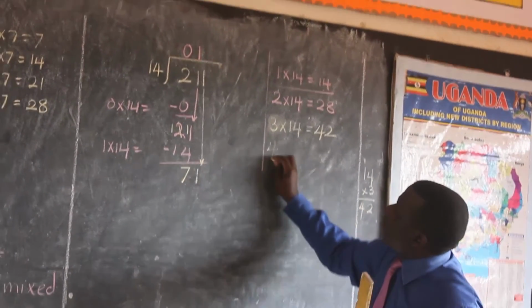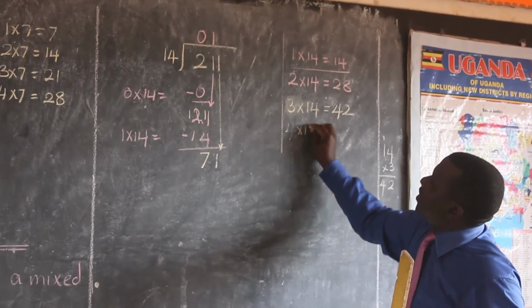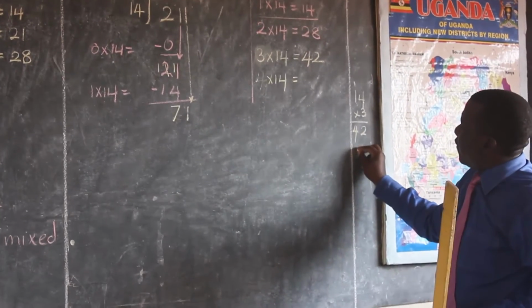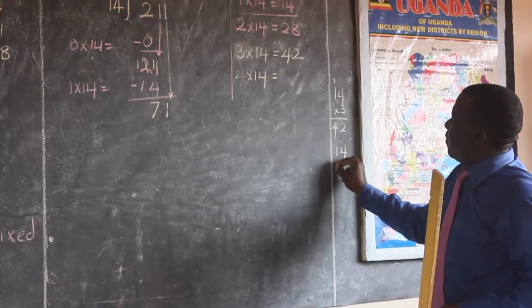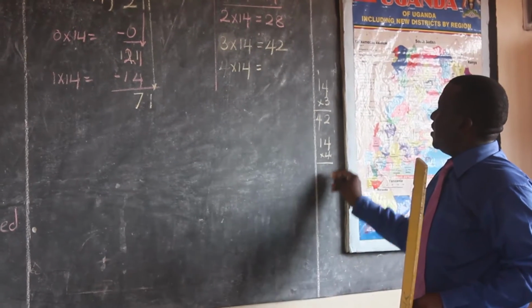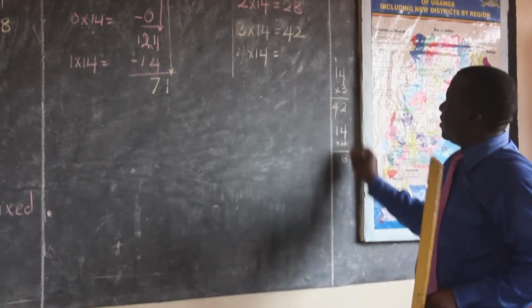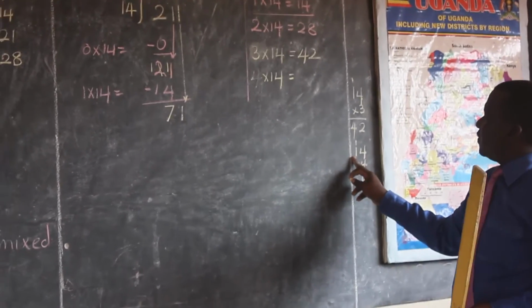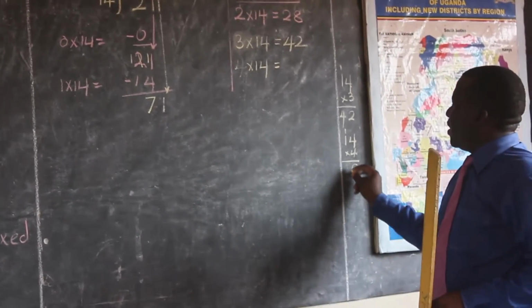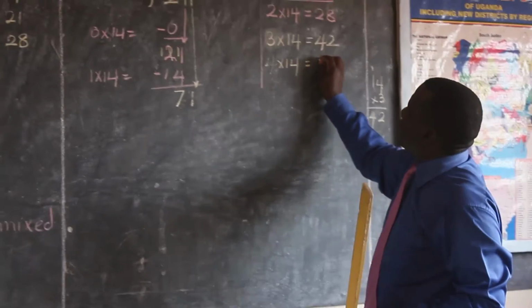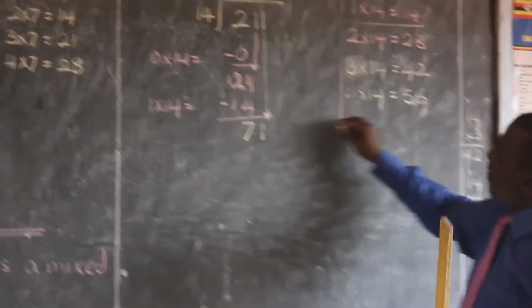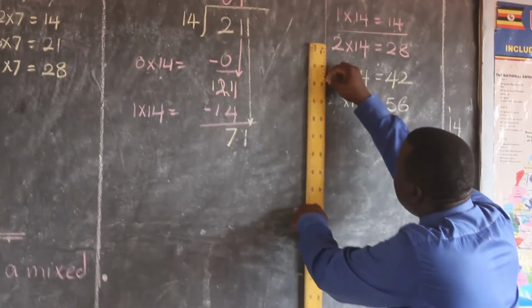What is 4 times 14? 14 times 4: 4 times 4 is 16, right? Right, 6 carry 1. 4 times 1 is 4 plus 1, you get 5. So you get here 56. So you are not yet there. Continue looking for that number.